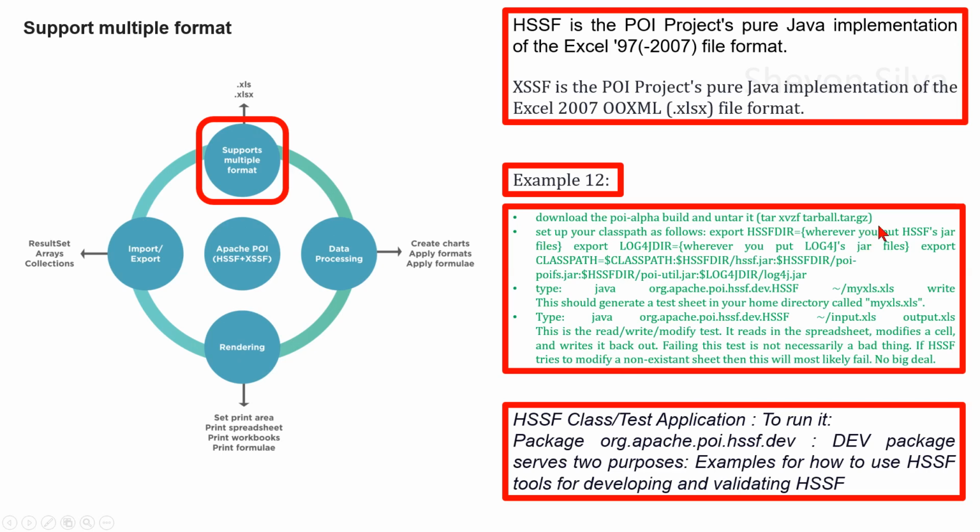To run it, download the POI alpha build and untar it: tar xvzf tarball.tar.gz.